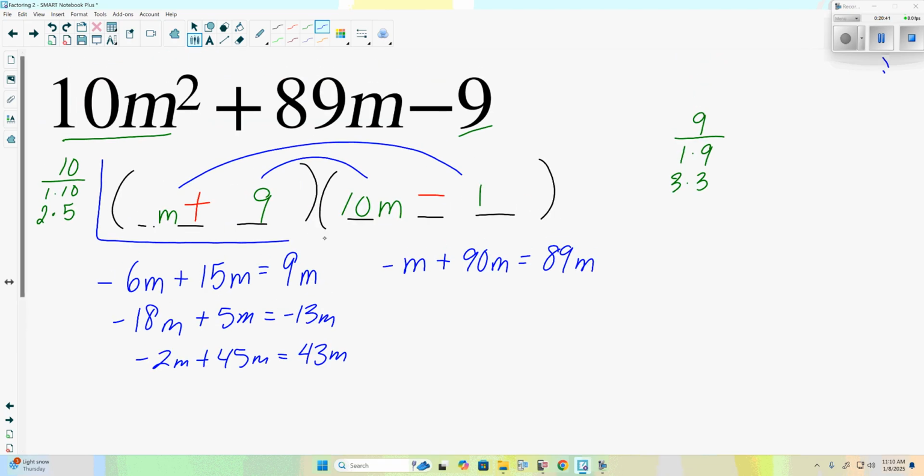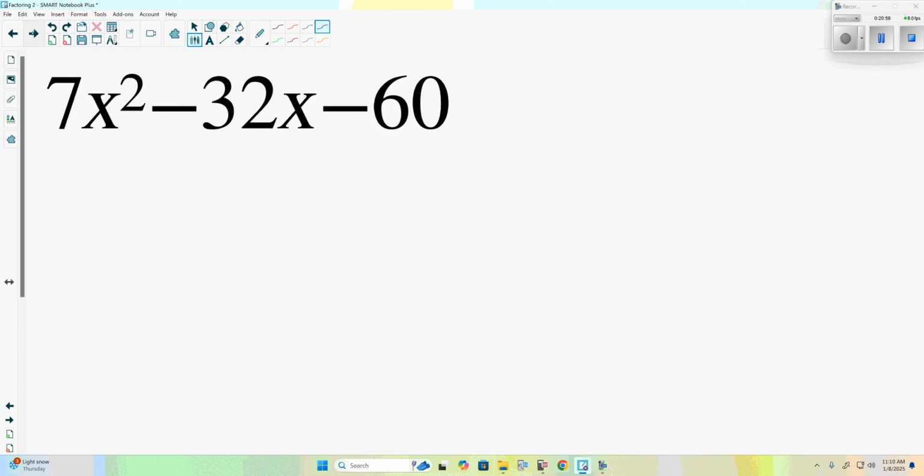And that is the middle term we wanted. Sometimes it's just plugging them in and seeing where we're at. Questions on these here? How do we feel about these so far?